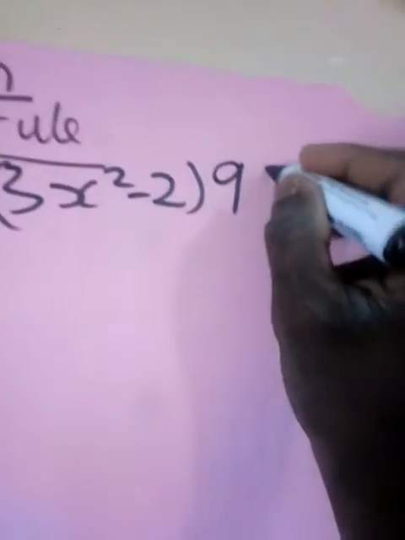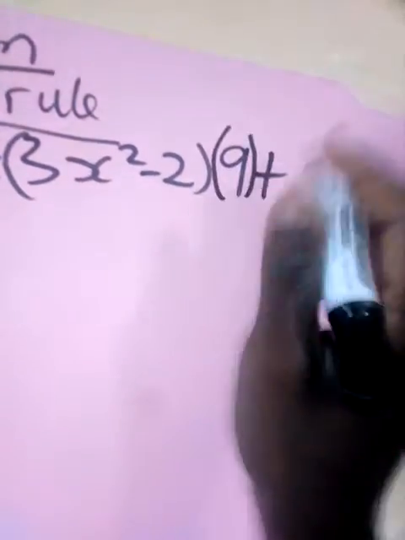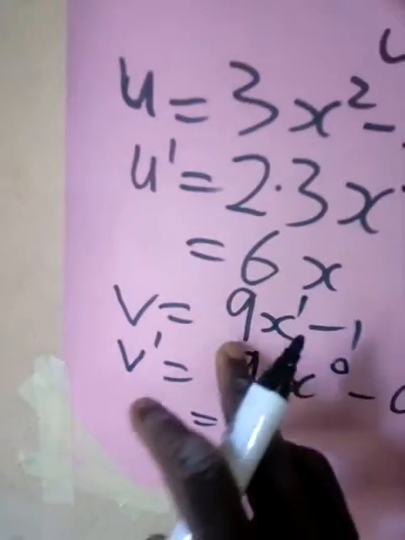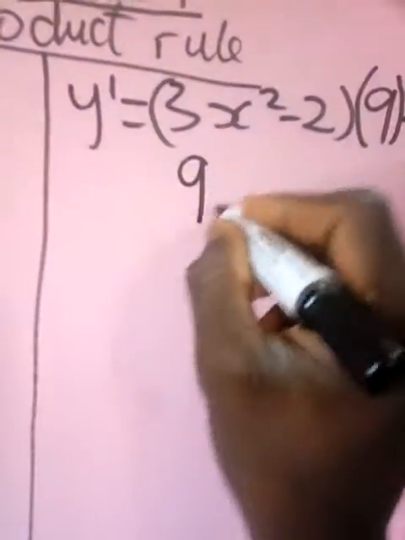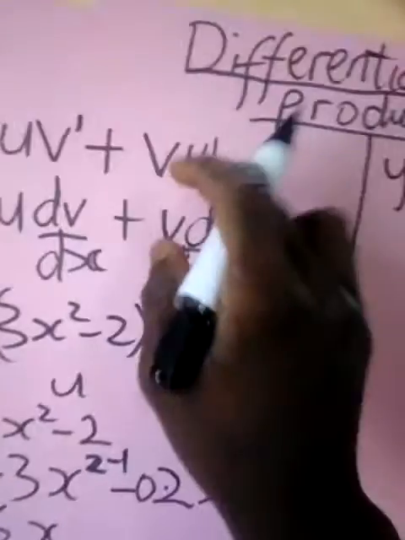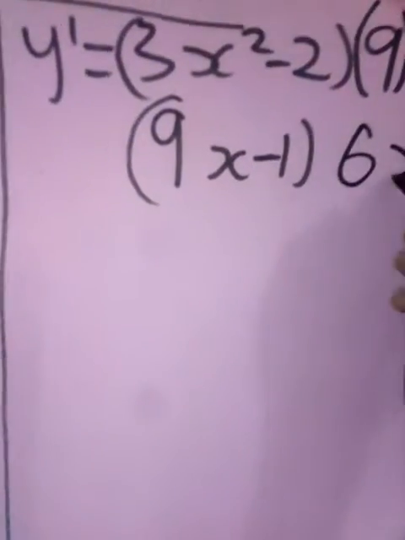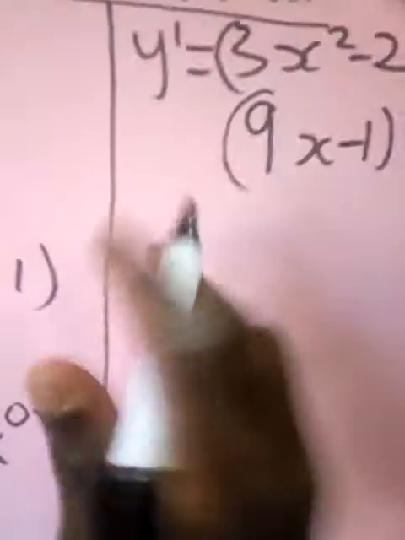Plus, that's a plus, v multiplied by the derivative of u. So this is my v, 9x minus 1, multiplied by the derivative of u. And what's the derivative of u? 6x.